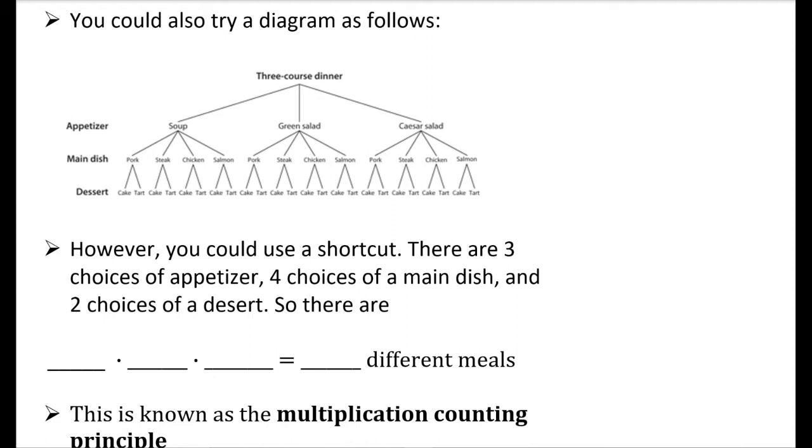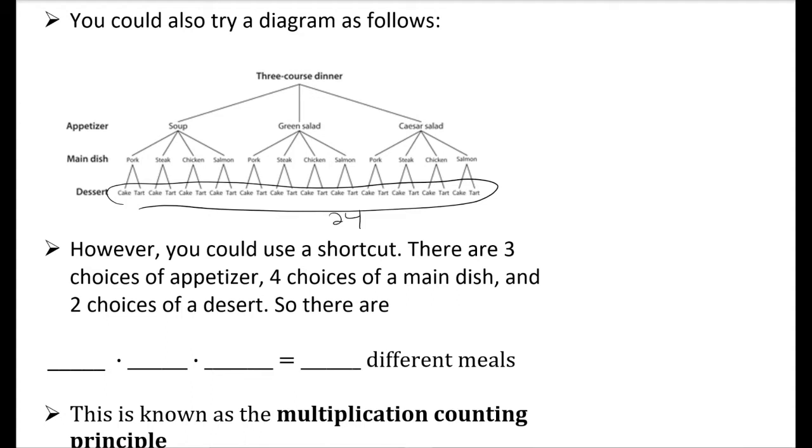However, that does take some time because you will have to make the tree diagram with all the various options. Notice that if we count all the options here, we have a total of 24 possible different meals.